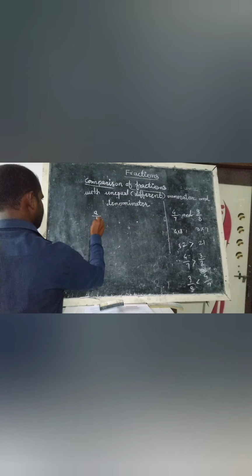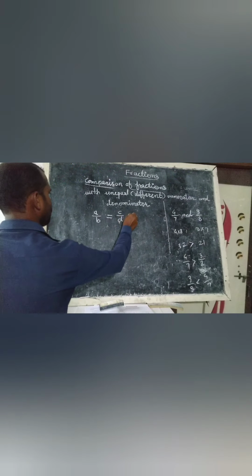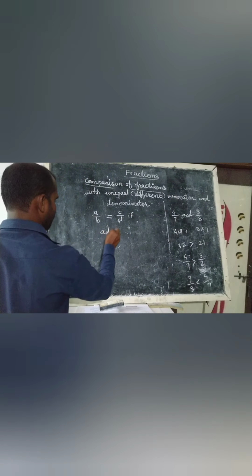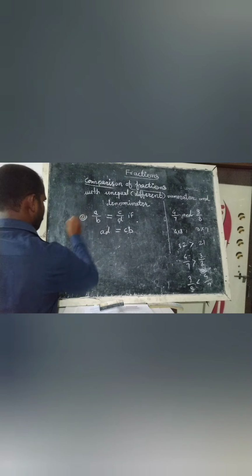And vice versa also you can write 3 upon 8 is smaller than 4 upon 7, because the product of this cross multiplication is smaller than the other cross multiplication. Then A upon B and C upon D are equal when one more possibility is given: A upon B is equal to C upon D if A into D is equal to C into B. This is the second possibility.